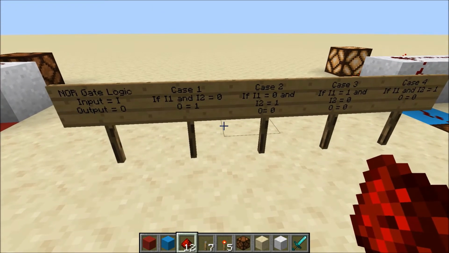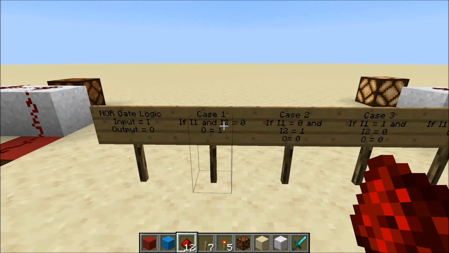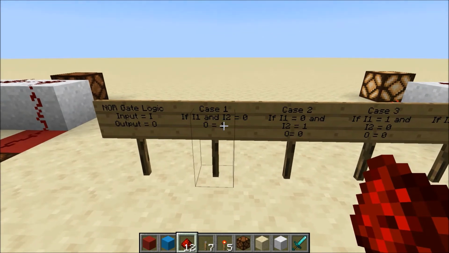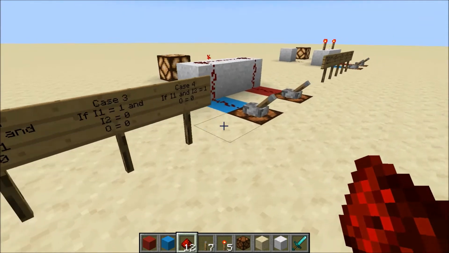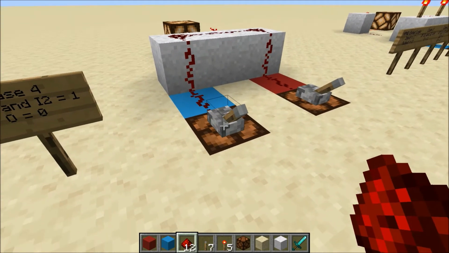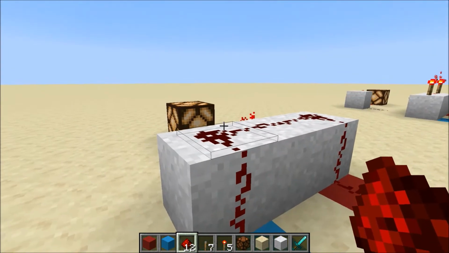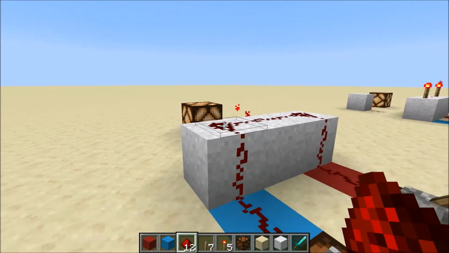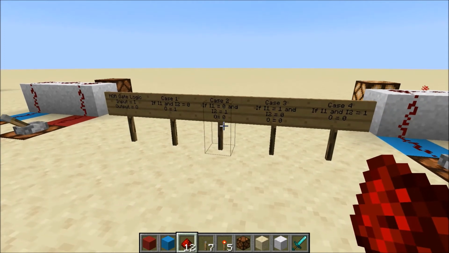And right here we have the NOR logic gate. The first case, if input 1 and input 2 equal 0, we'll get the output equal to 1. You can see the first input is 0 and the second input is 0. The output is 1. The light is on. Moving to the second case, if input 1 equals 0 and input 2 equals 1, the output will be 0.